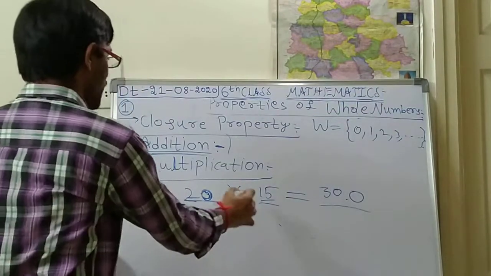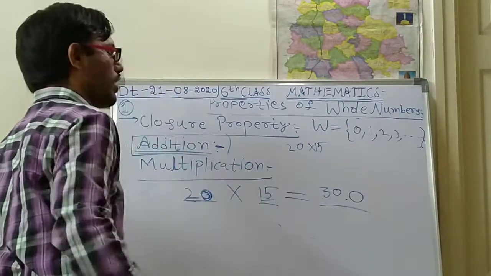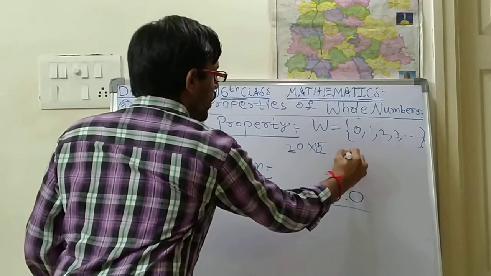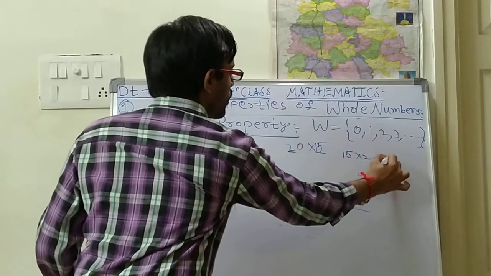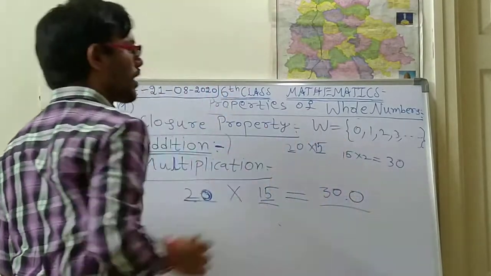So here, 20 into 15: first I multiply 15 into 2. 15 into 2 is 30, so 30 will be part of the answer.